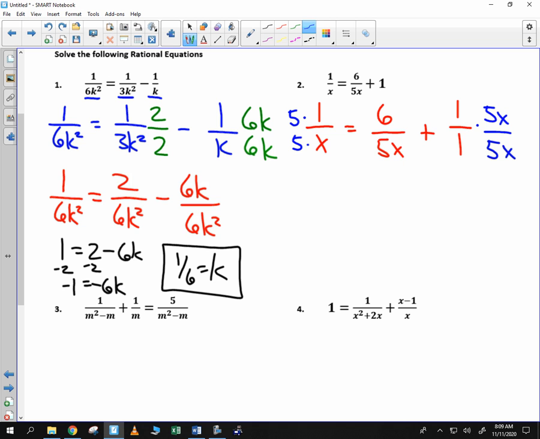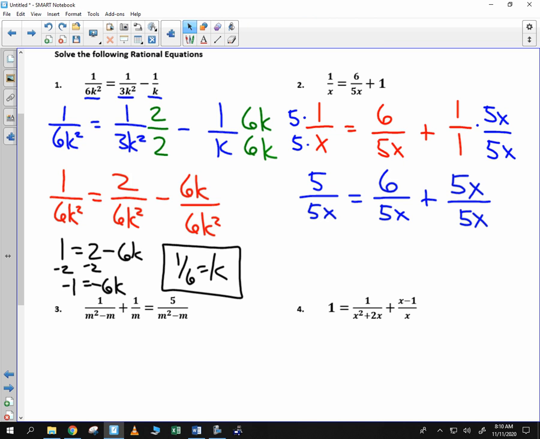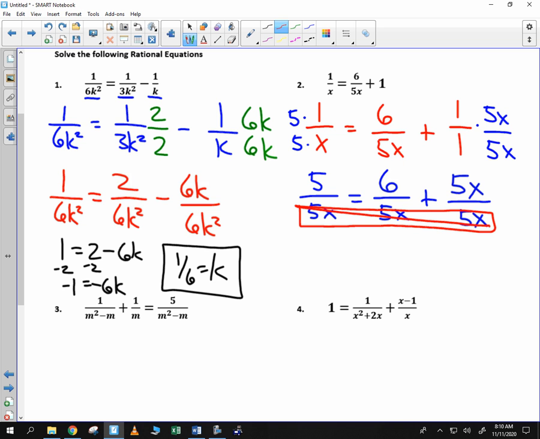What we have is 5 over 5x is equal to 6 over 5x plus 5x over 5x. The denominators are now all the same. As the denominators are the same, you can ignore them and just focus on the numerator. 5 is equal to 6 plus 5x. Subtract the 6, negative 1 is equal to 5x. Divide by 5, x is equal to negative 1/5. That's my solution.